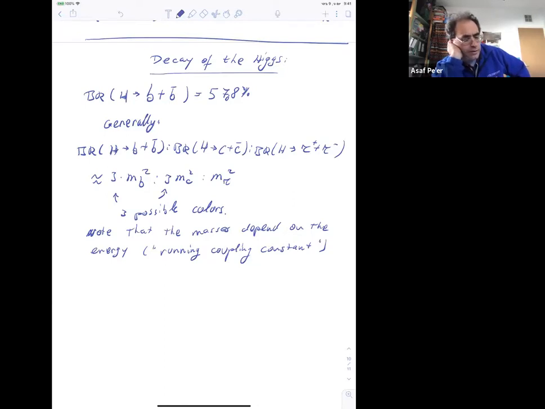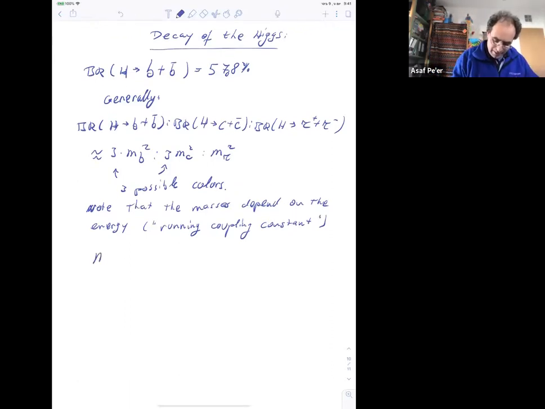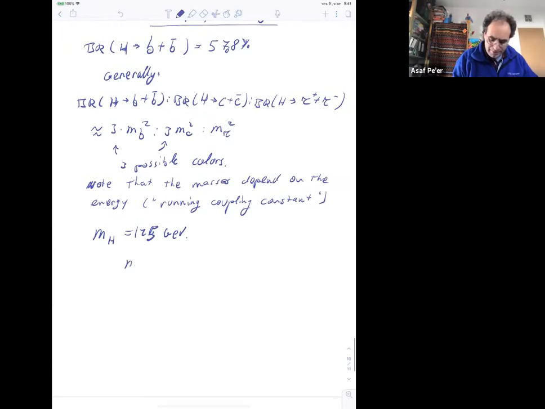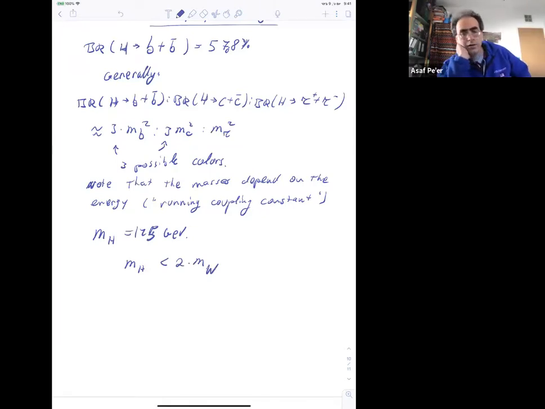Now, another comment is that there is one more important branching ratio, the decay of the Higgs to the W boson. Although the Higgs is not massive enough, m Higgs is 125 GeV, which is smaller than 2 times mW. The W boson is something like 80 GeV.